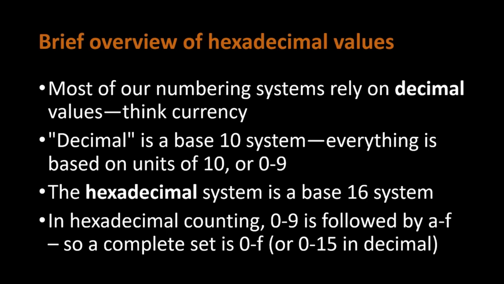So what was done was 0 through 9 are maintained as part of the symbols that we use, and then those are followed by A through F, which fill in the rest of the values in order to allow you to keep counting. So a complete set in a hexadecimal base 16 system is 0 through F instead of 0 through 9. And that's why the color values are a set of numbers and letters.